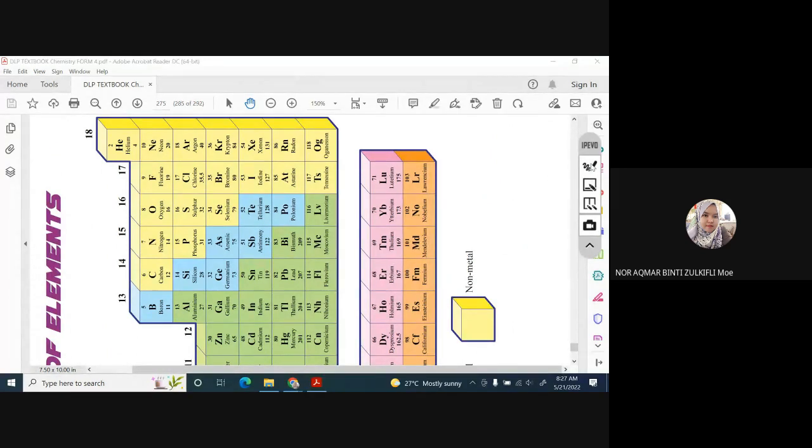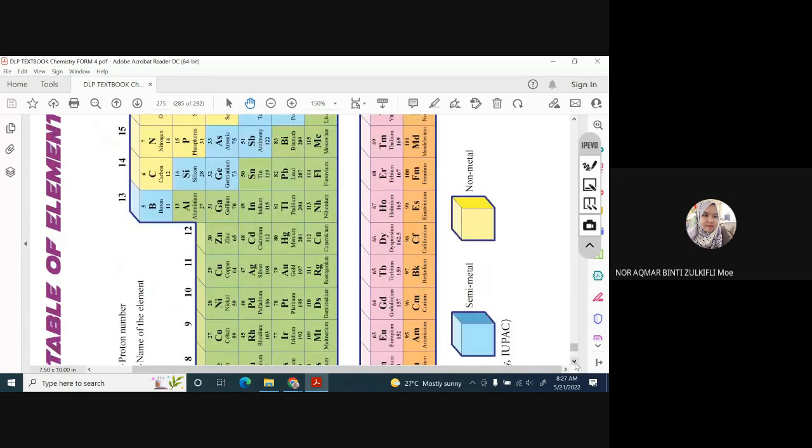For the table, you can see the value of mass is here, the bottom one. Let's say helium we have 4, so 4 is the mass. Neon 20, chlorine here 35.5, sulfur 32. So it depends on you. You want to refer to the periodic table also can. The data from here also can.